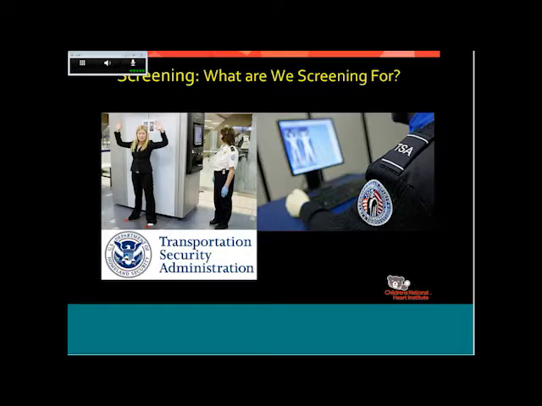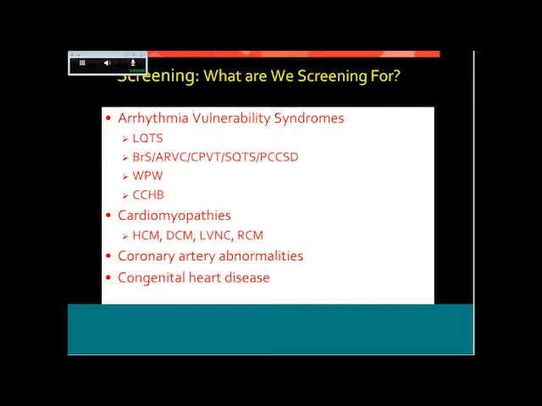So we talk a lot about screening for these diseases. So what are we actually screening for? We're screening mainly for arrhythmia vulnerability. And we'll talk a little bit about long QT syndrome and Wolff-Parkinson-White syndrome and some of the other less common arrhythmias.